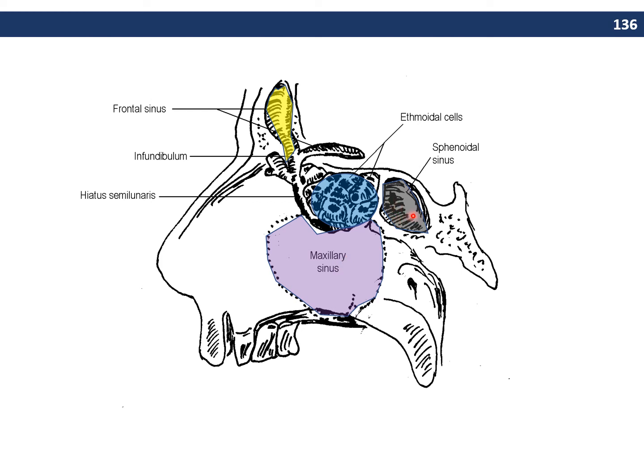The sphenoidal sinus and the posterior ethmoidal sinus drain through a different opening deep to the superior meatus, the sphenoethmoidal recess. And I'll show you a picture of that in a moment.